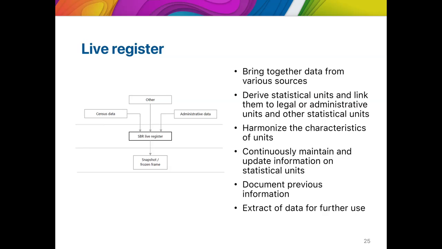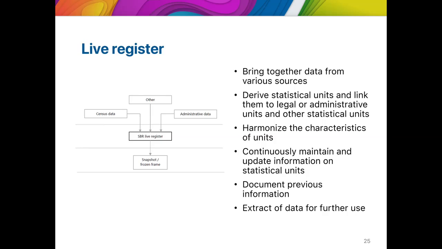The SBR's main role is regular maintenance of a repository of data, a live register. It serves as a gateway for data on business-related units from various data sources. The data can then be later extracted to create survey frames or to produce economic statistics.